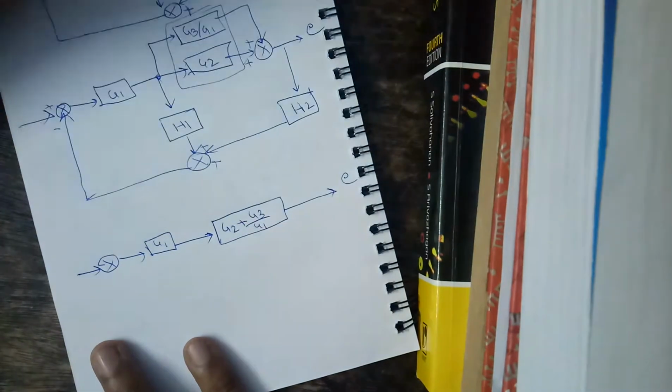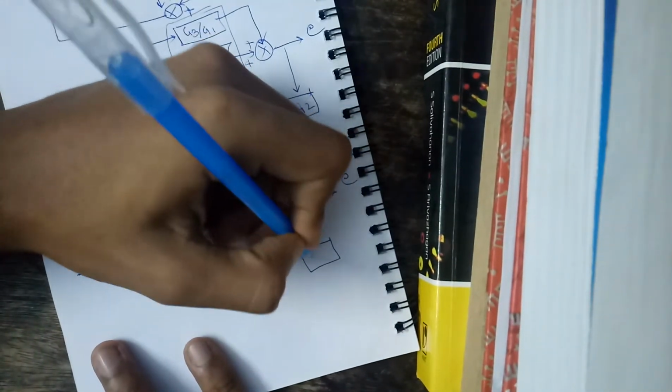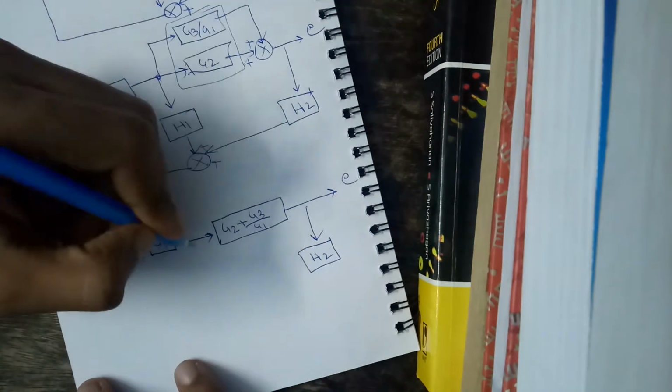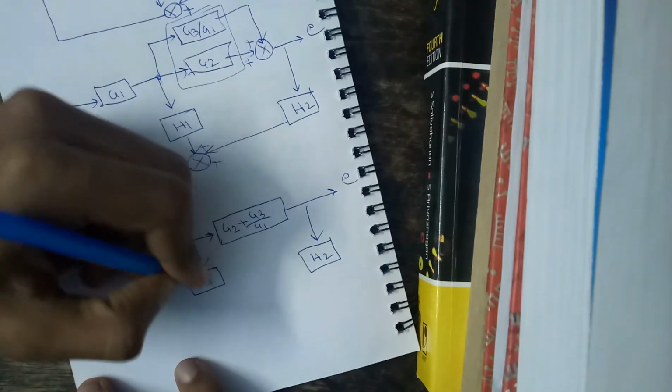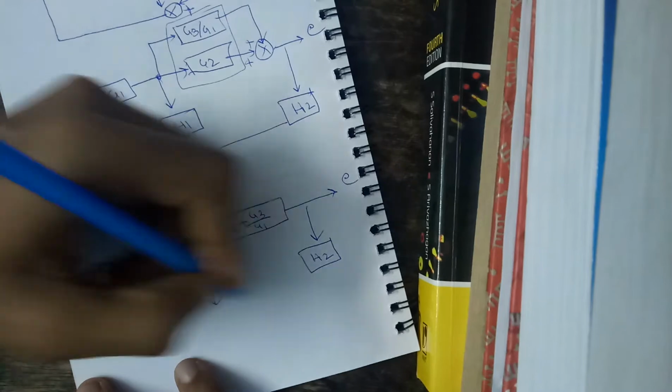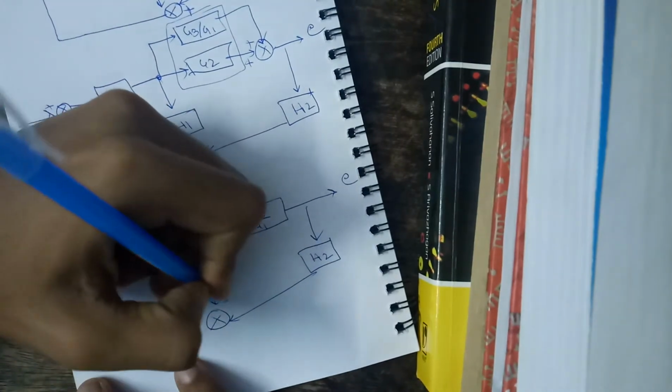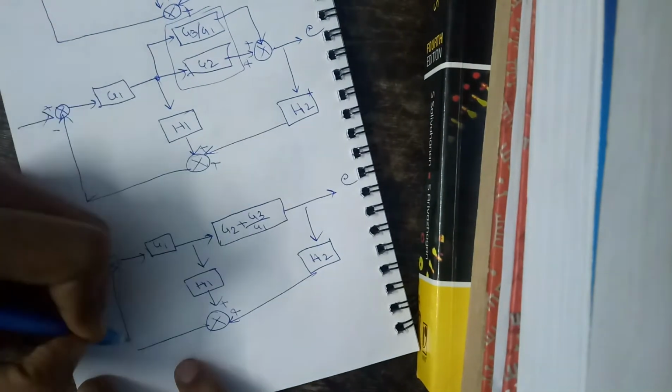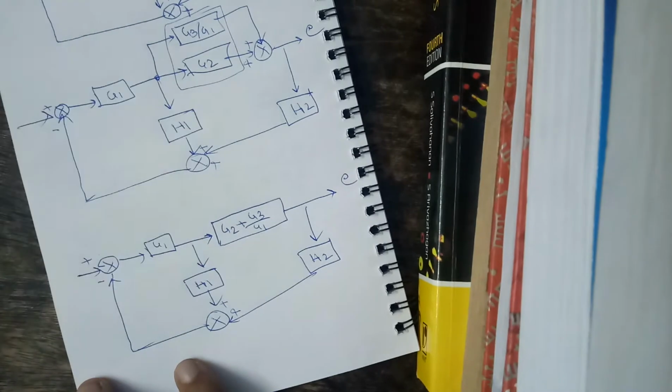This is my C, from here I get my H2, from here I get my H1. These two are summed up and go into the negative feedback.